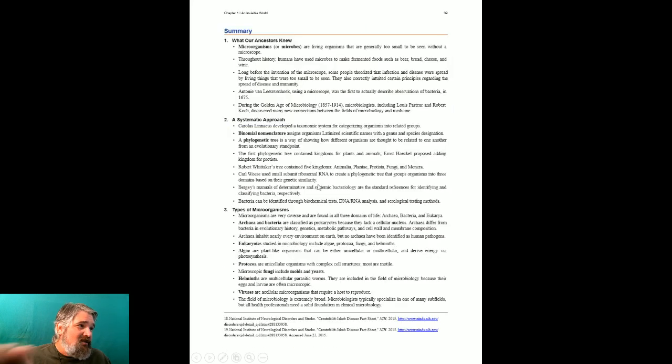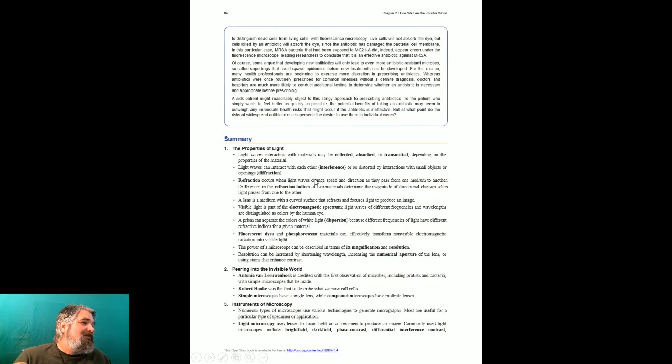We didn't use the equations at all, so not really worried about that. The idea that light's reflected, absorbed, transmitted, yeah, of course. Interference, because you need that with the differential interference contrast microscopes, the DIC microscopes.